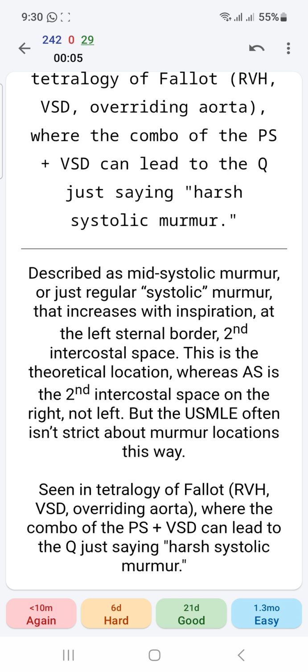But USMLE often isn't strict about murmur locations this way. Seen in tetralogy of Fallot: right ventricular hypertrophy, VSD, overriding aorta, where the combination of pulmonic stenosis and VSD can lead the question to just say harsh systolic murmur.